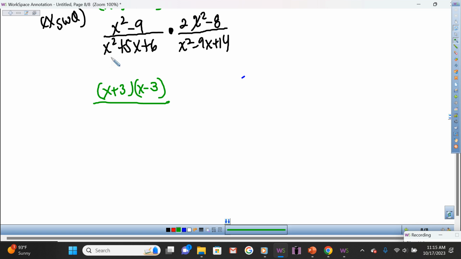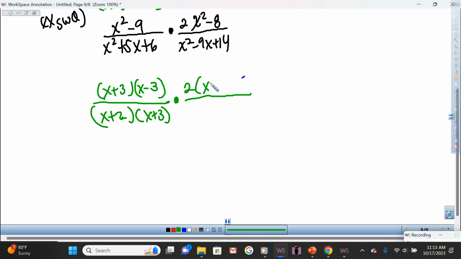Factors for the denominator: x plus 2, x plus 3. Times. Factors for the numerator: 2 times x plus 2, x minus 2. Factors for the denominator: x minus 2, x minus 7.